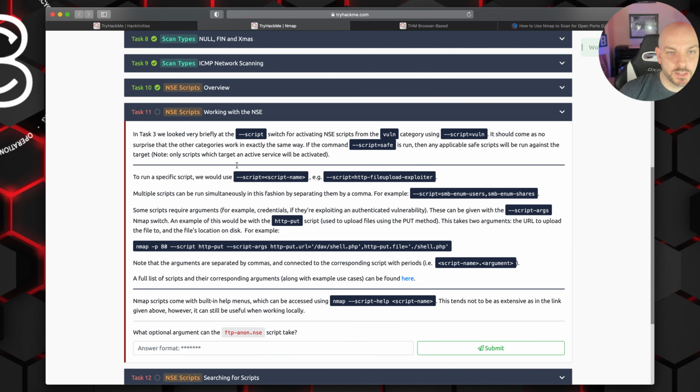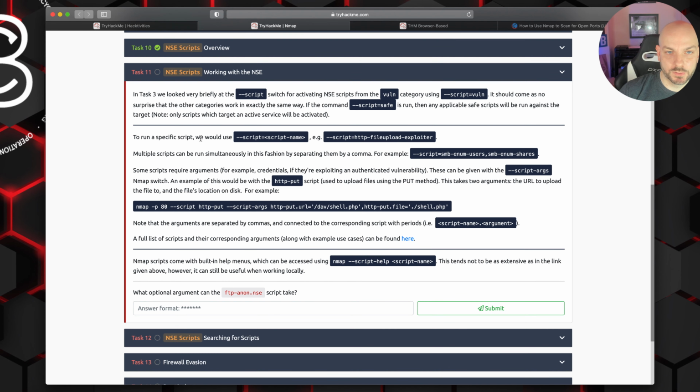And then in task 3, we looked at the --script command, which is what we were using to activate scripts in the vulnerability category. Right? To run a specific script, we would use --script= and then the name. Cool.